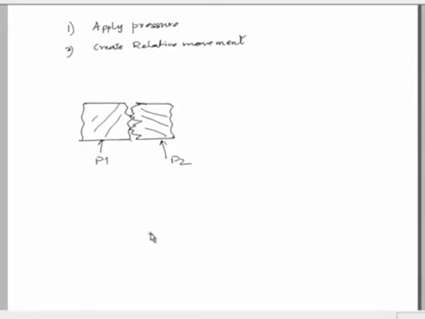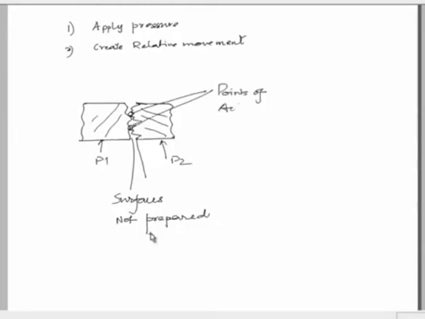That means their surfaces are not prepared. Then the contact will be mostly through these points, the points of axial contact.